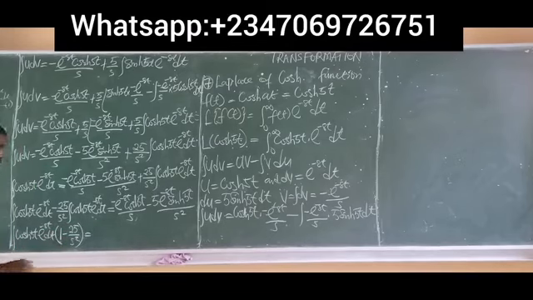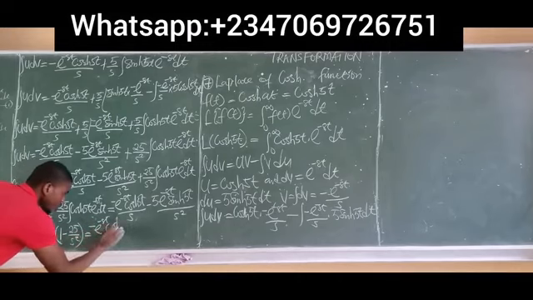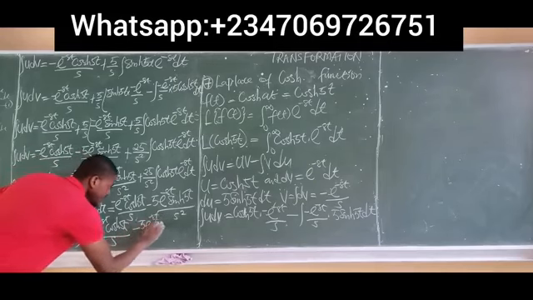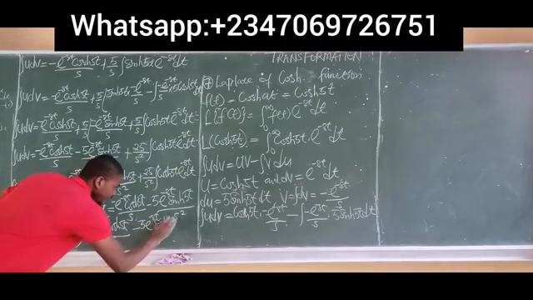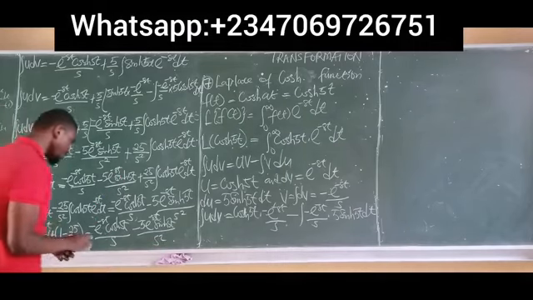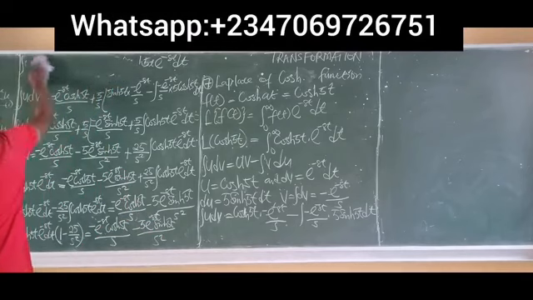Now this is equal to minus exponential minus st cos 5t all over s minus 5 exponential minus st sine 5t all over s squared. All right. Let's continue over here.